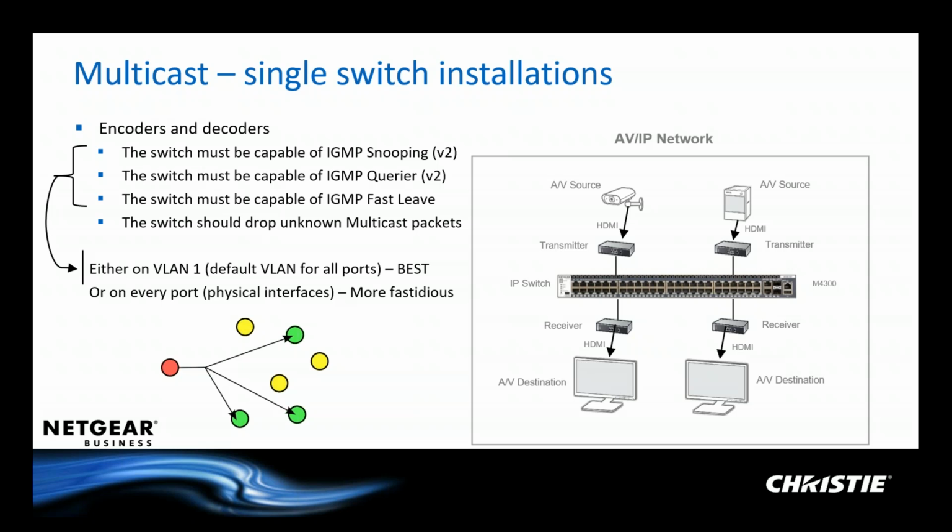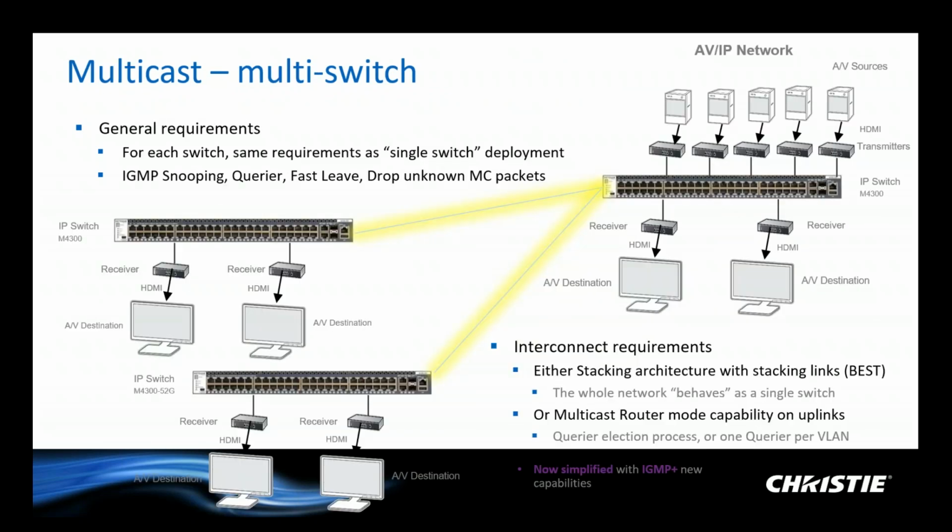Now, in a multi-switch environment, the switches have to be configured in exactly the same way, with the same configuration, so with snooping and query and so on. The best way to link switches together is stacking. You can use VLANs and so on and so forth.